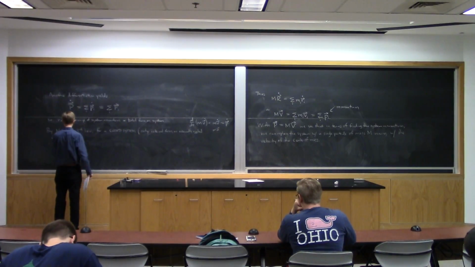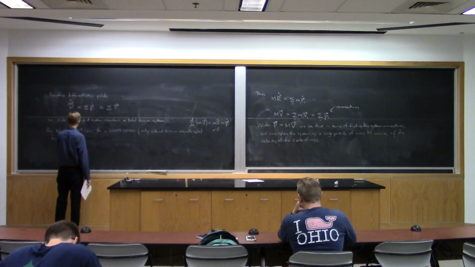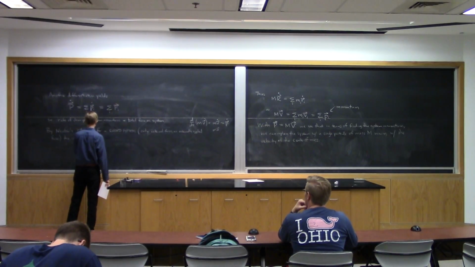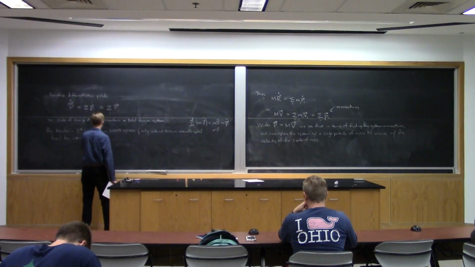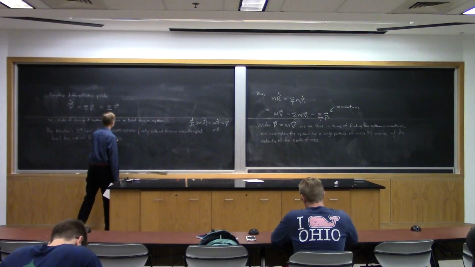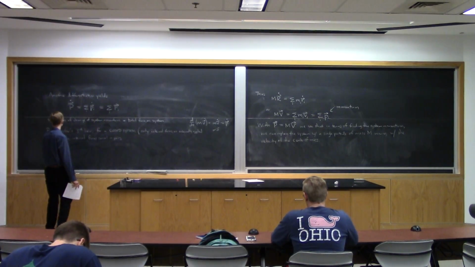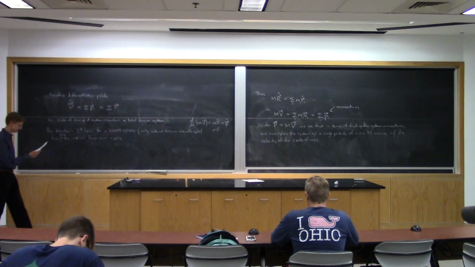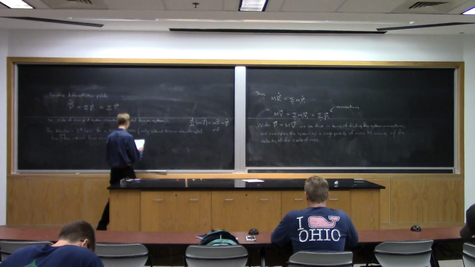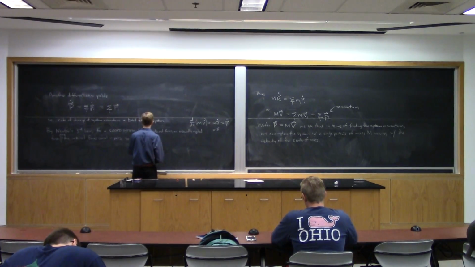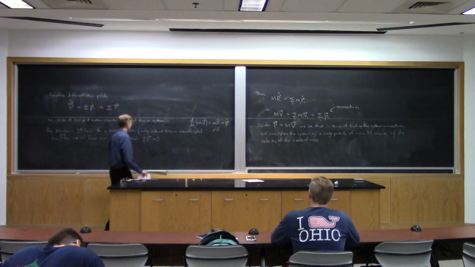The internal forces cancel in pairs. Well, that's true for an open system too. The internal forces always cancel in pairs. So I guess I should say, since the internal forces cancel in pairs, in that case, the sum of the Fi is equal to 0.